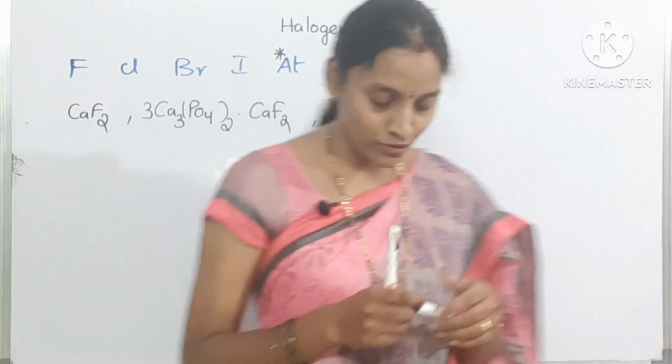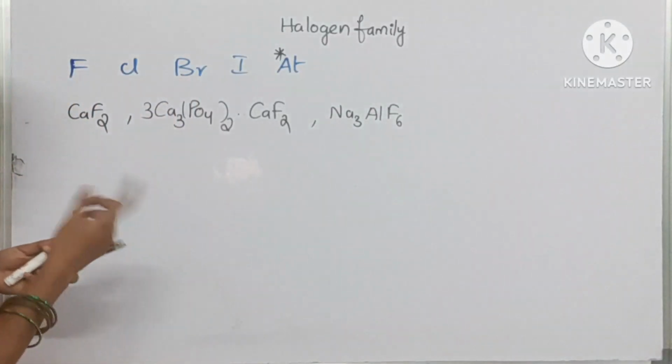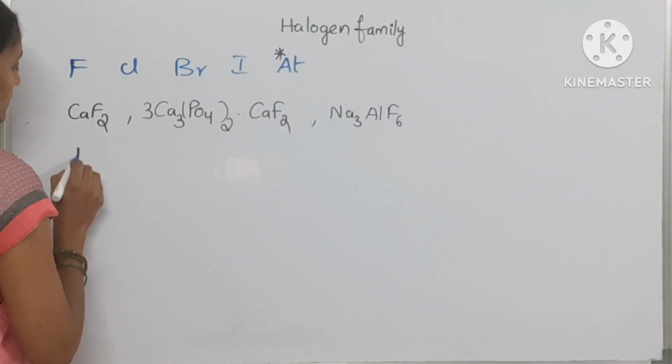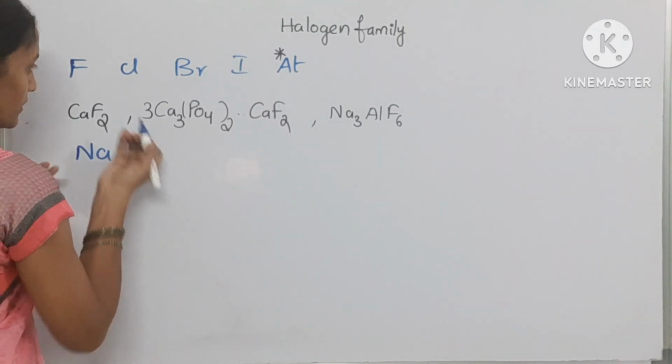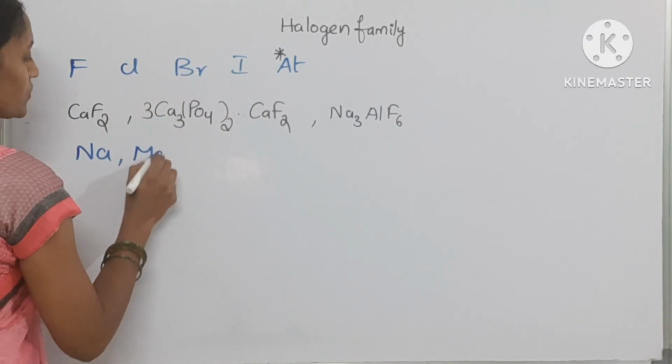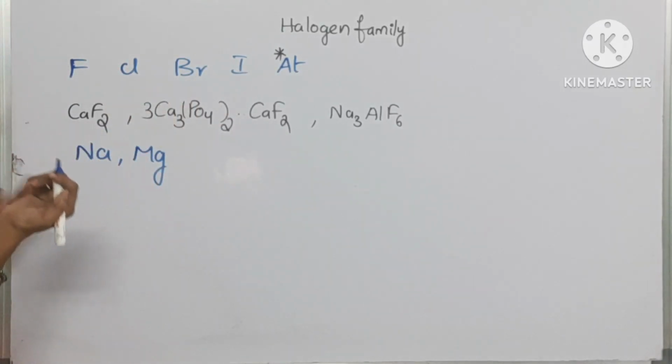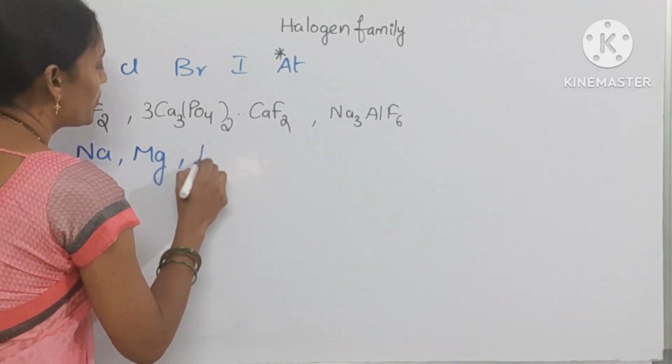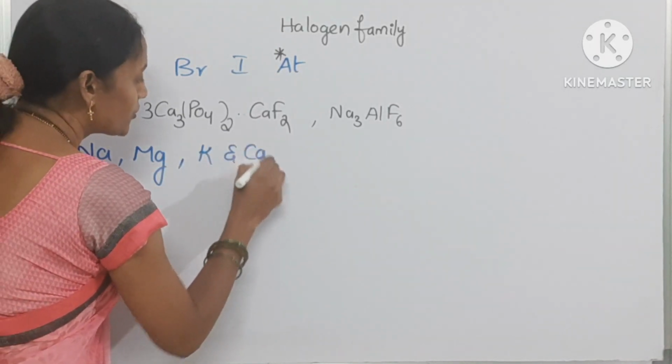Those salts are sodium salts of chlorine, bromine, iodine. Next magnesium salts, and also potassium salts and calcium salts.